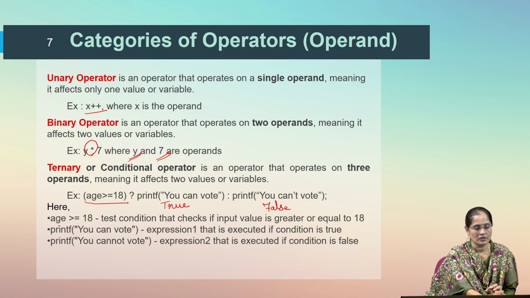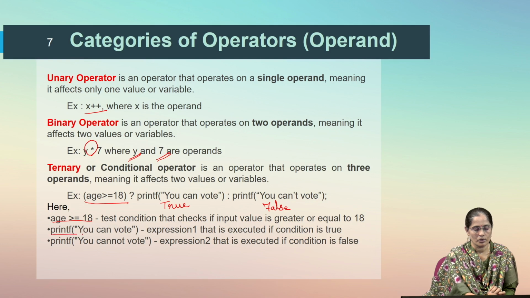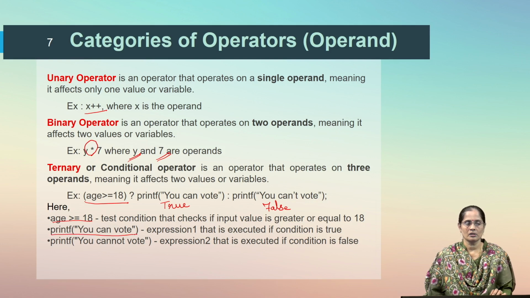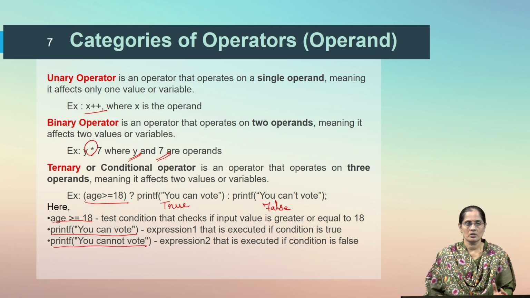Say age: the test condition checks if the input value is greater than or equal to 18, and printf you can vote is the expression executed if the condition is true. And printf you cannot vote is expression 2, executed if the condition age greater than or equal to 18 is false. So, this requires 3 operand values, hence it is categorized as a ternary operator.